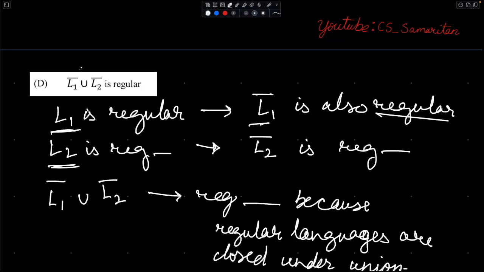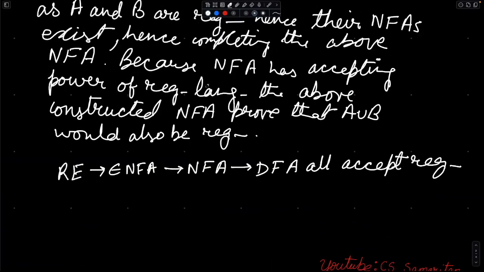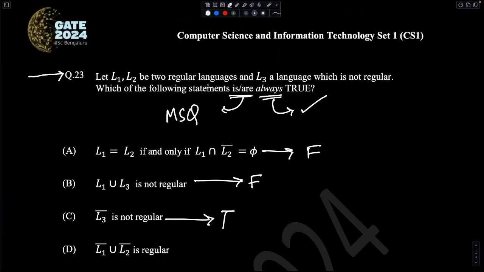As this expression is regular, this statement is true. This statement has a truth value of true. So let's write it on top there. The truth value here is true. Now they have asked us to give the statements with the truth value true, which are always true as mentioned over here. So now we have that the answer for this question is C and D.